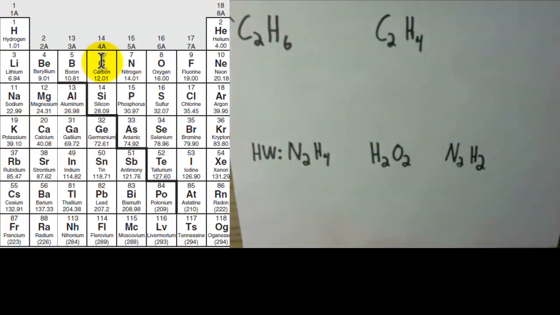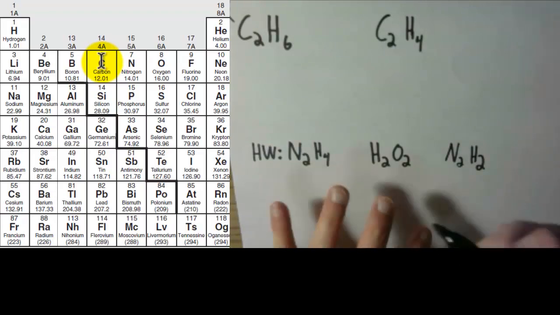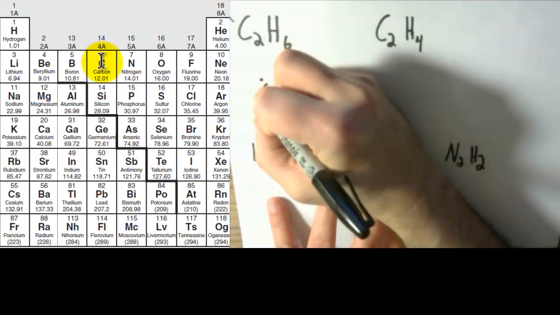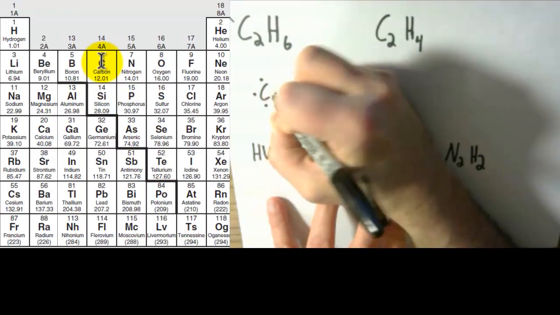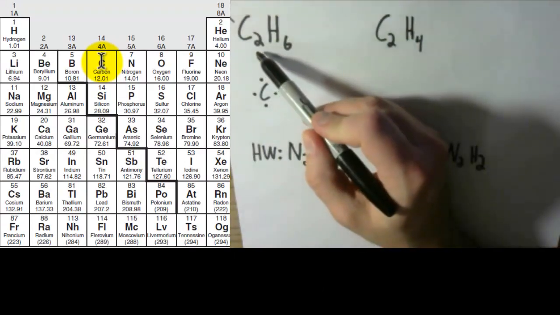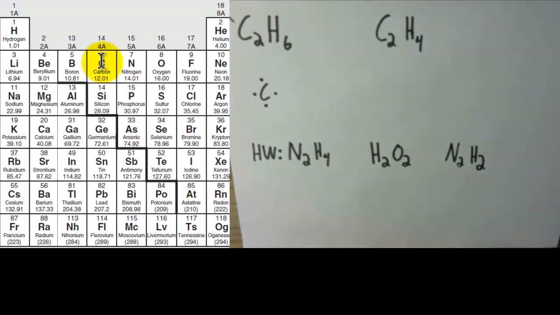That means it makes 4 bonds because each of those electrons is free. So if I draw a carbon, 1, 2, 3, 4. Okay, well, I've got 4 places I can bond things, but now I've got 2 carbons, not 1. So where do I put the other carbon?